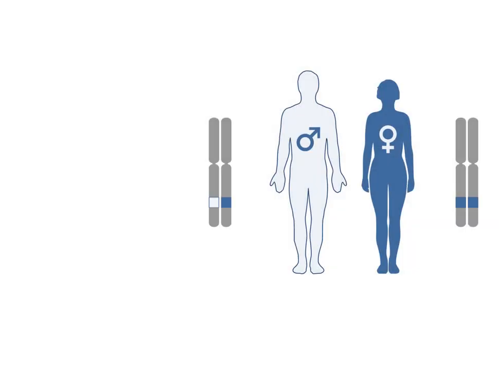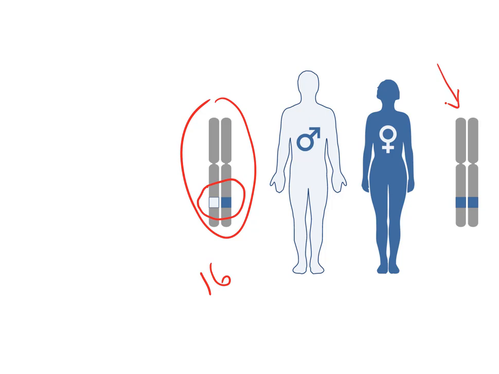Okay, let's move on. So we've seen that for these two chromosomes here, we decided those were chromosome 16. We know they're homologous chromosomes, and we know that we have two alleles here. Now, if you notice, when you compare these chromosomes here to these chromosomes right here, the alleles from these chromosomes are different than the alleles from these two here.